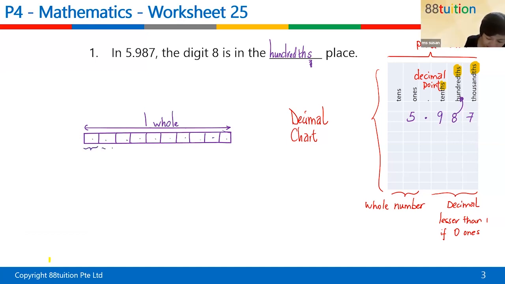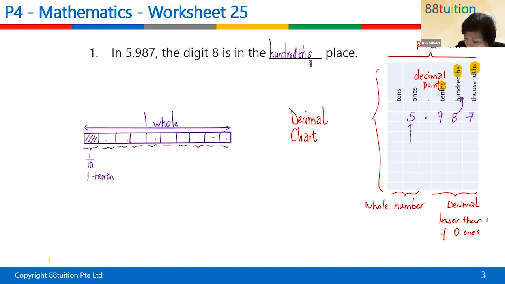So how much is one part? Think of it. What is the fraction here shaded? One tenth, 1/10. So 1/10 is so small compared to one whole. Correct or not?